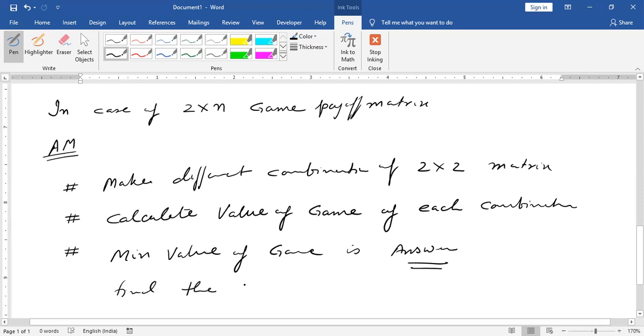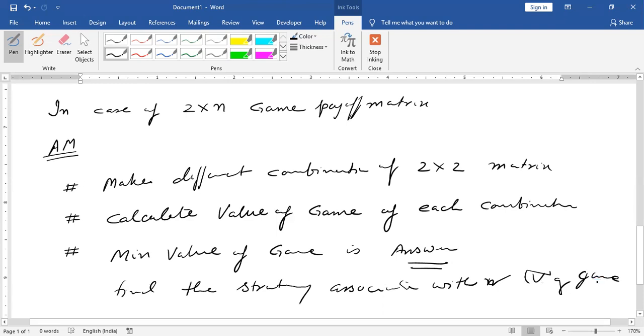the strategy associated with the minimum value of game. Right. So find the strategy associated with the minimum value of game.